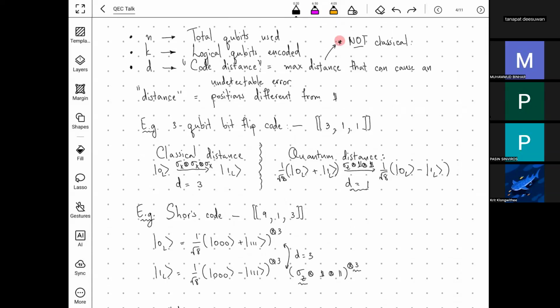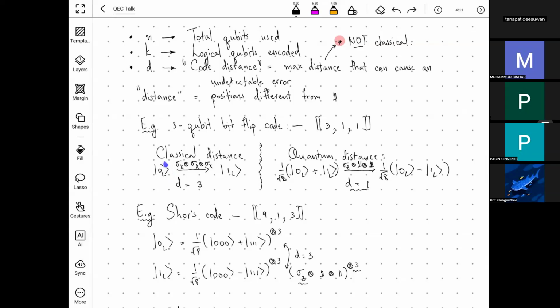Okay, please continue. So, just to clarify the word distance a bit more, when we're talking about qubit transformations, we usually refer to some matrix or some operators that are being done on qubits, right? So let's say we go back to the 3-qubit bit flip code.